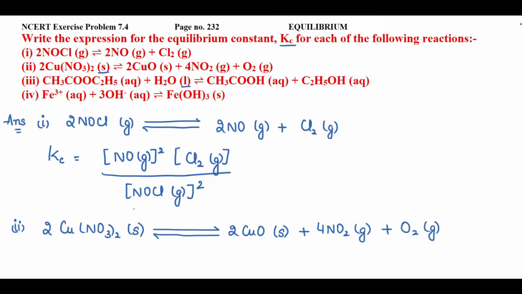Now if you see, we have Cu(NO3)2, that means copper nitrate in solid form, as well as copper oxide also in solid form. So we will not mention these two compounds in the final expression, right? So first of all, we will write the whole expression and then we will neglect these two terms.